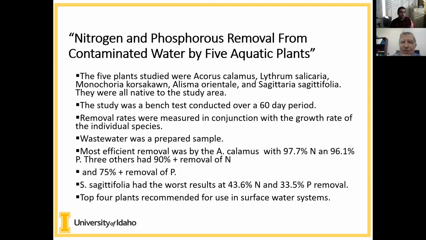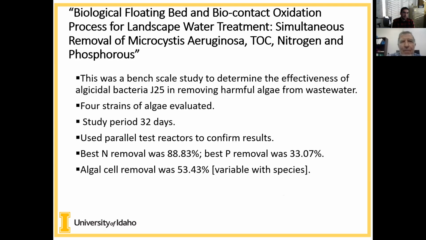The top 4 plants were recommended for use in surface water treatment systems. Here again, we're finding that they're using 0.7%, 0.1%, and they were measured in the growth rate of the individual species. This seems to be a little bit of a take on efficiency for me.